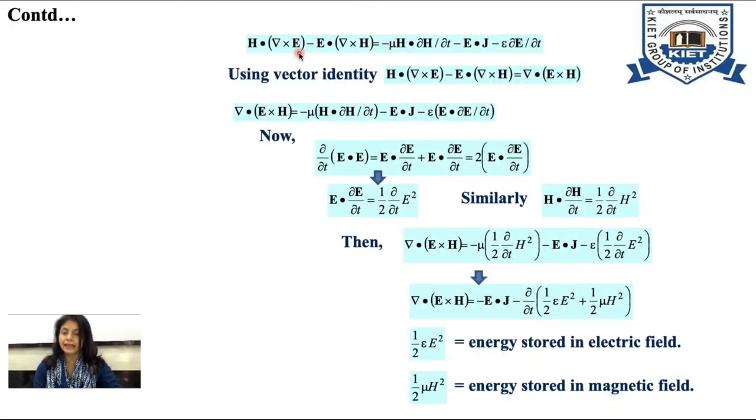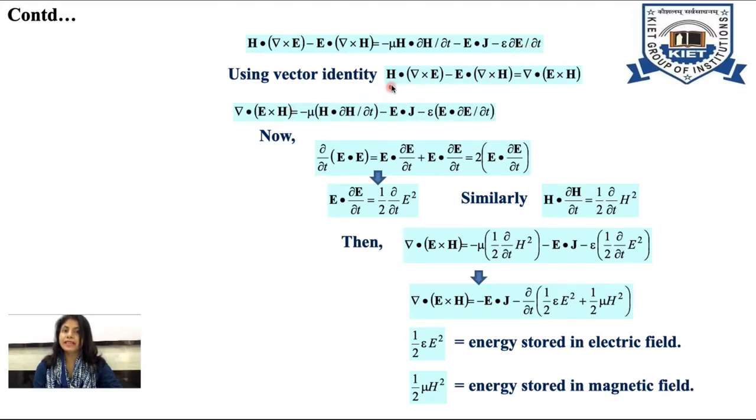Then we have H dot del cross E minus E dot del cross H, which is equal to minus mu H dot del H over del t minus E dot J minus epsilon E dot del E over del t.